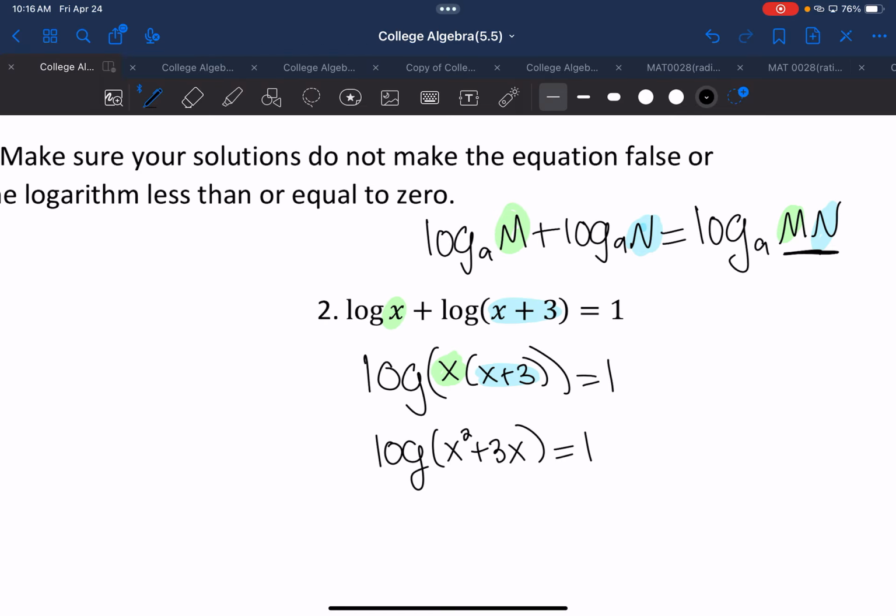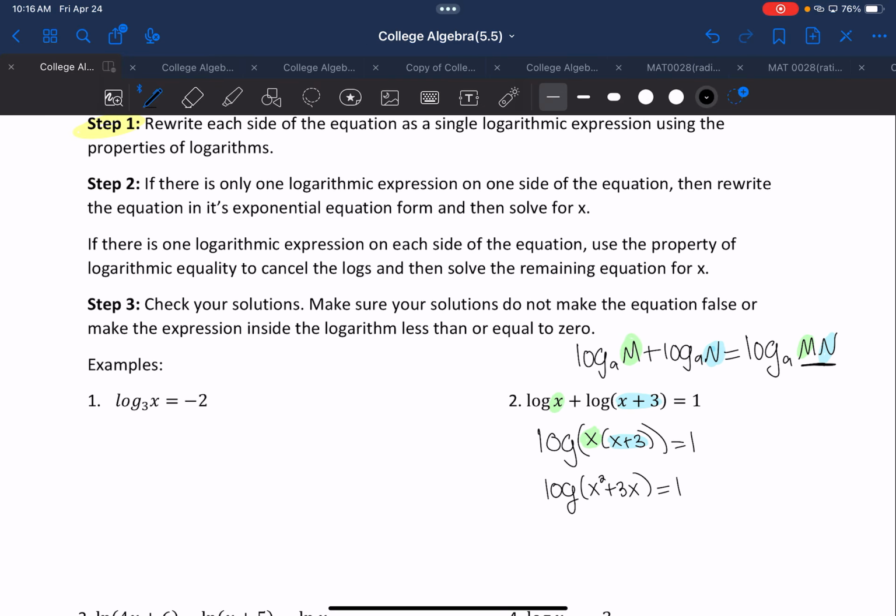So step 1, I used the product rule there to combine them into 1. And then I just distributed the x.